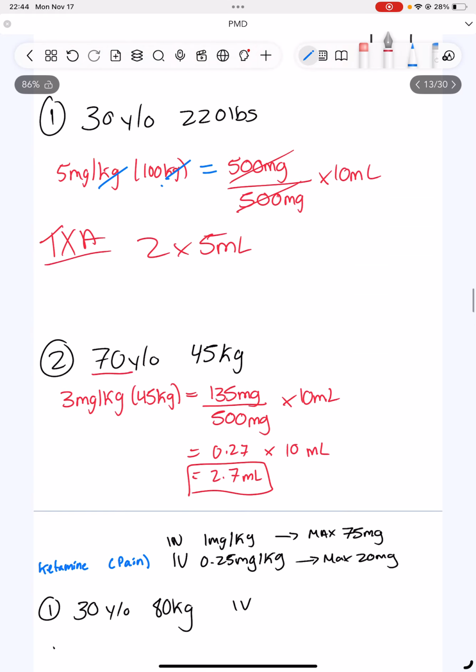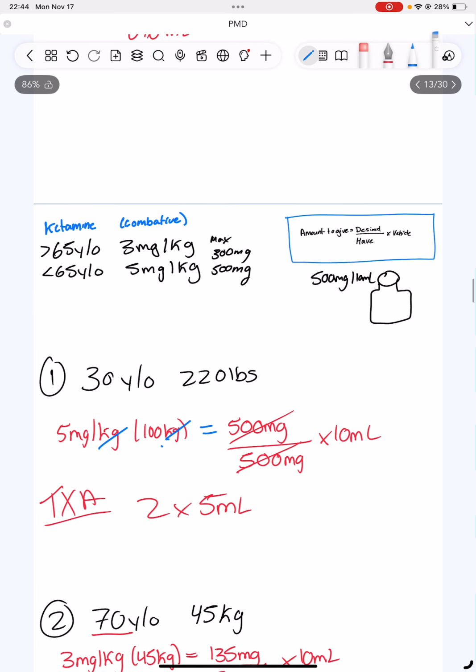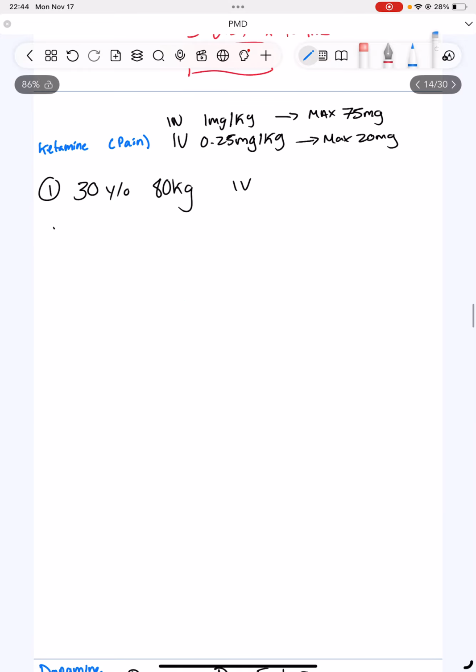Now here, if you're noticing, like if you weren't uncomfortable by how much comes in here off of these combative questions, strap yourself in for when we do it for pain, because when we give this person IV ketamine for pain, we need to give them 0.25 milligrams per kilogram to a max of 20. So let's say we have this 30-year-old patient and they are going to get 0.25.